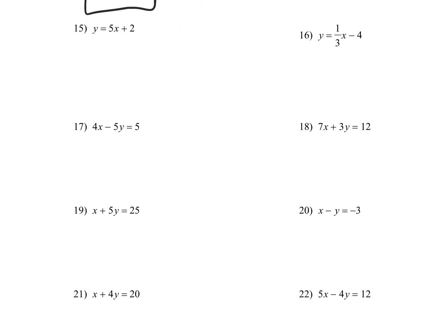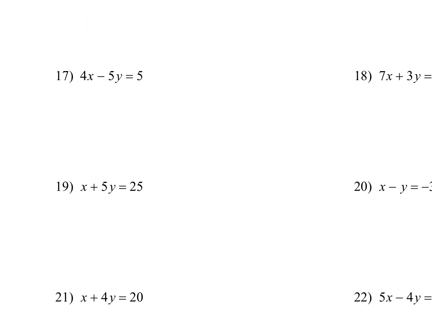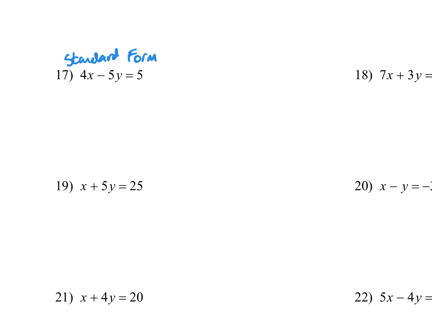All right, now, the last kind of problem is one where it is given to you in standard form. Okay, so looking at number 17, this is one that you would say is in standard form. Well, here's the issue. You cannot find the slope when it is standard form.